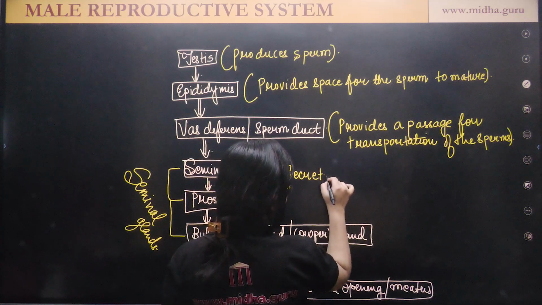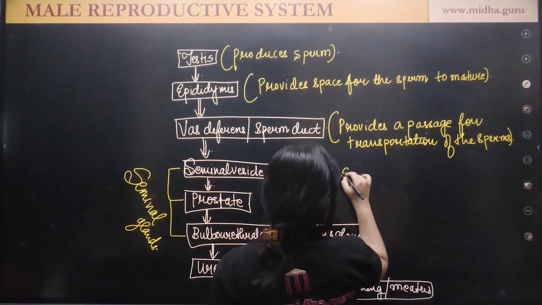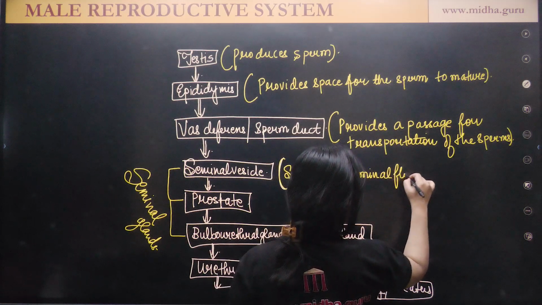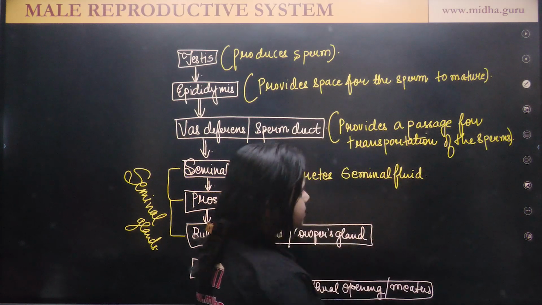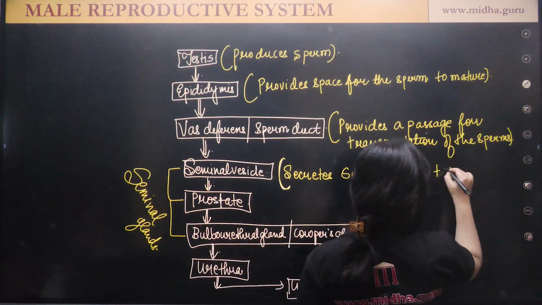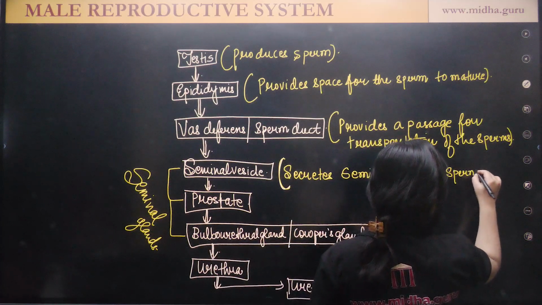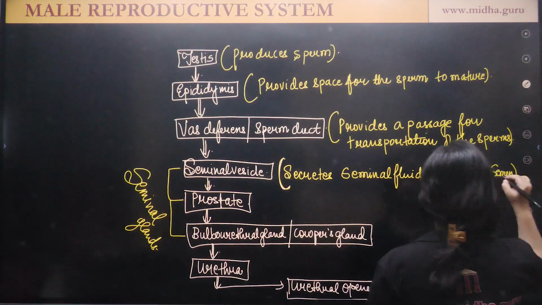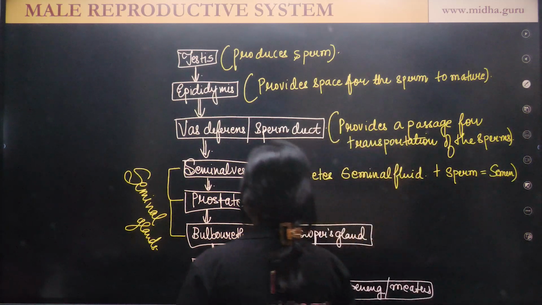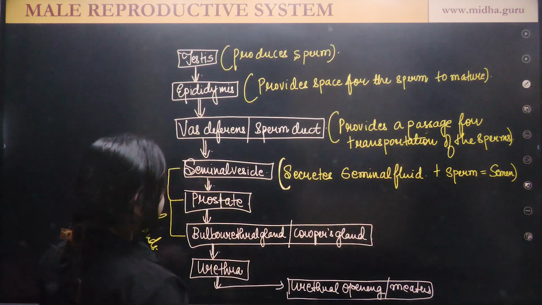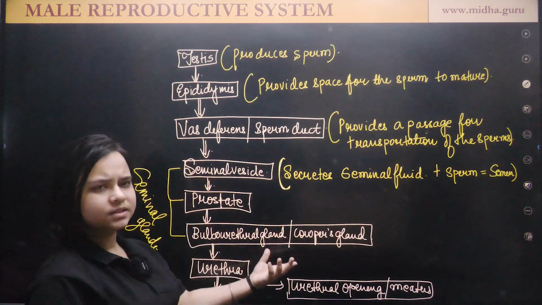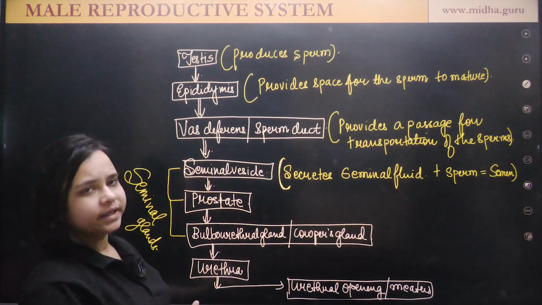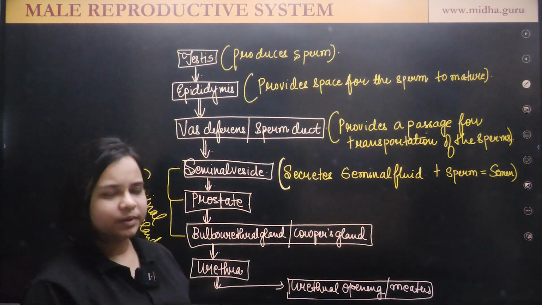It secretes seminal fluid with which sperm gets mixed and produces the semen. Now this prostate and bulbourethral gland also produce some kind of secretions which improve the motility of the sperm.